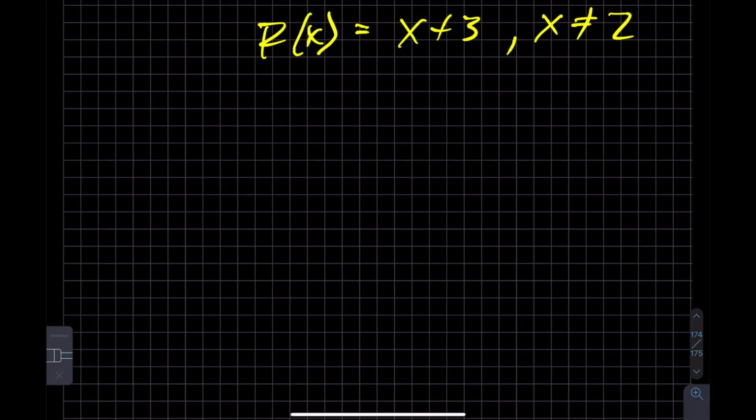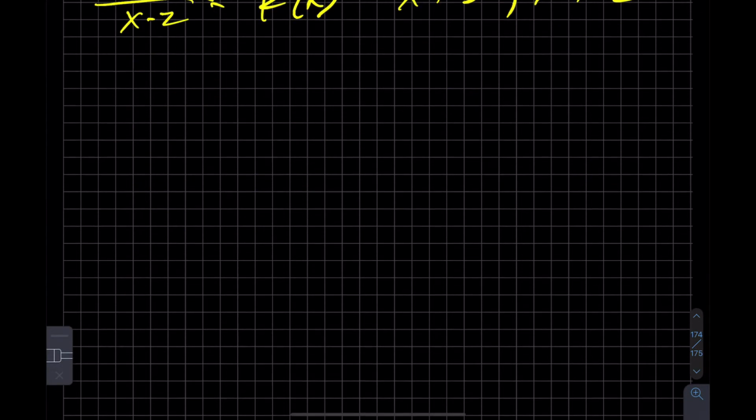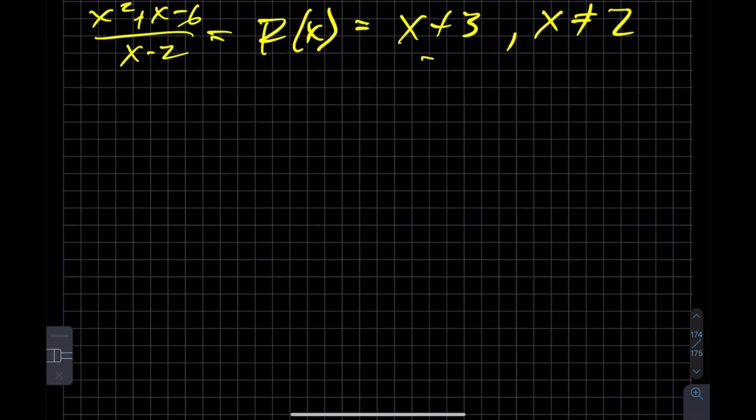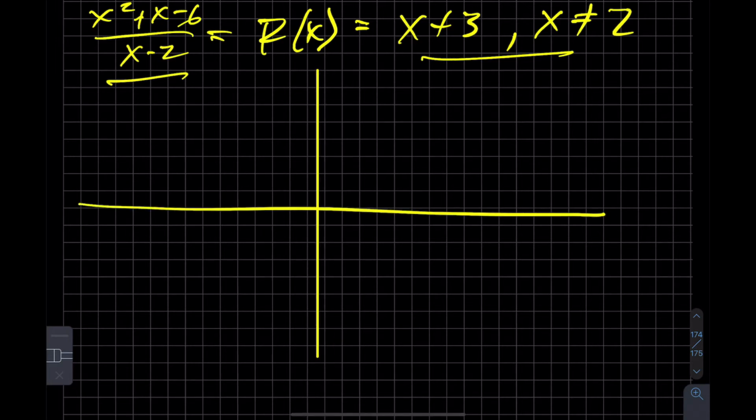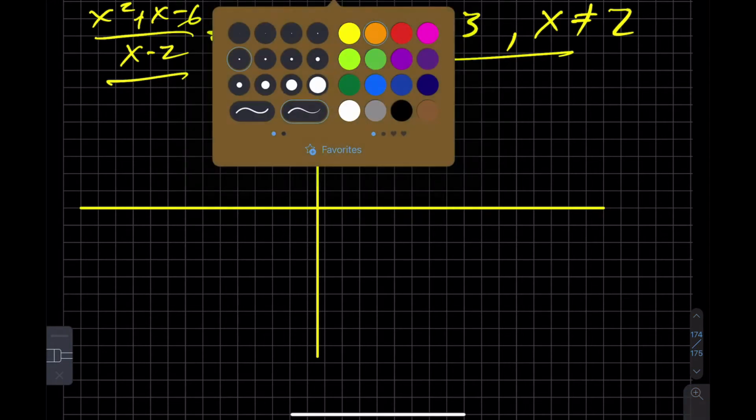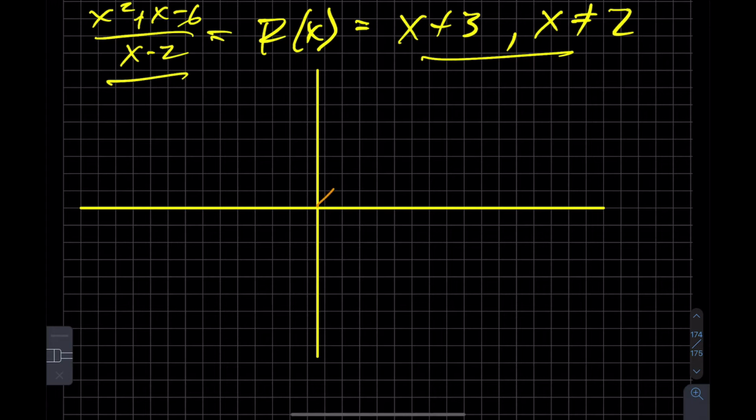This function, which is the same as x squared plus x minus 6 over x minus 2, these two functions are the same, just written differently. It looks like x plus 3. It looks like this line. It looks like y equals x plus 3.